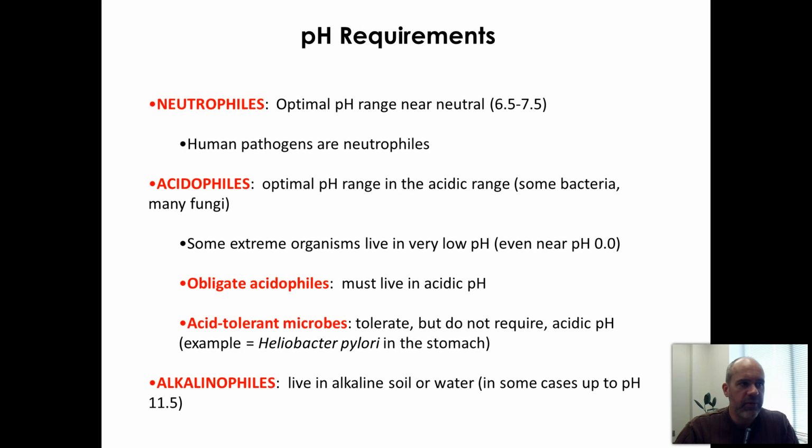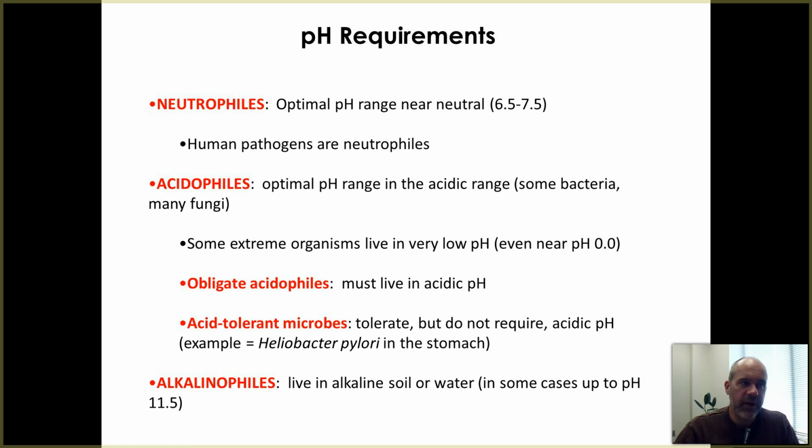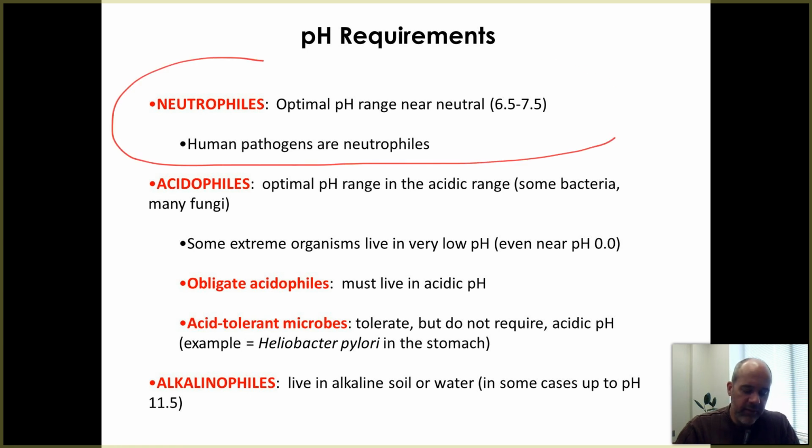All right, as with temperature, microbes can vary according to their pH requirements, and they can be divided up into different categories as well. Now, the microbes that live on or inside most parts of the human body are neutrophiles.